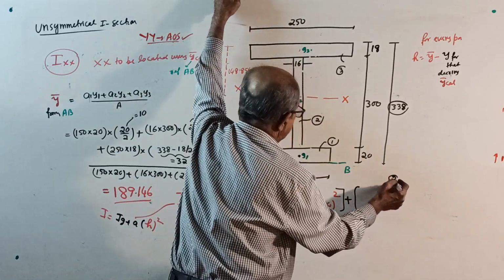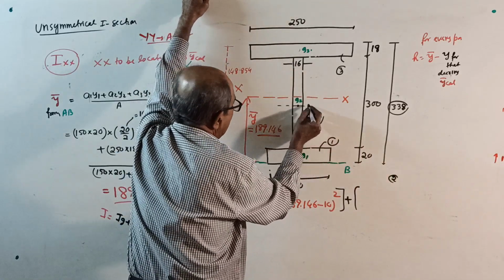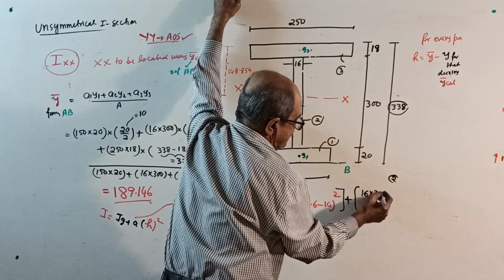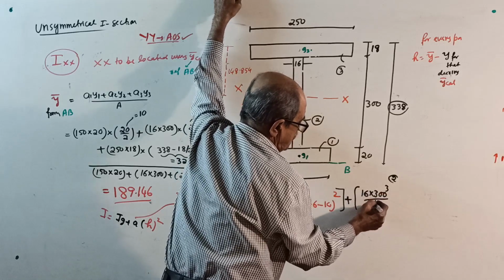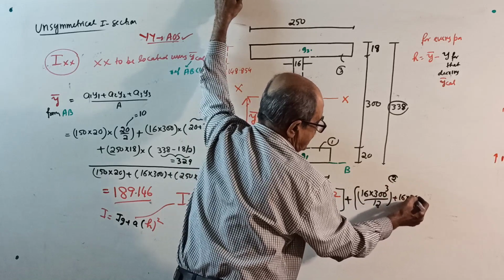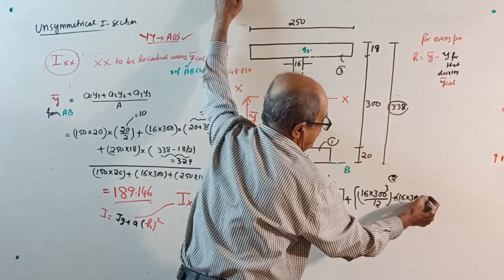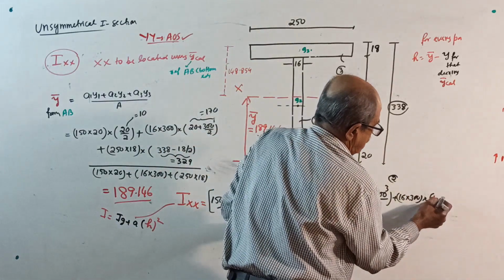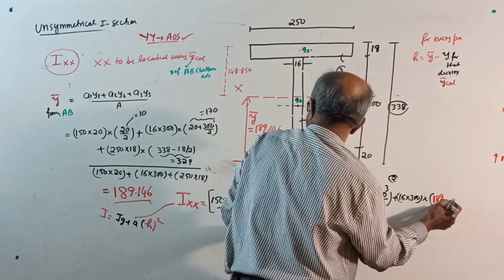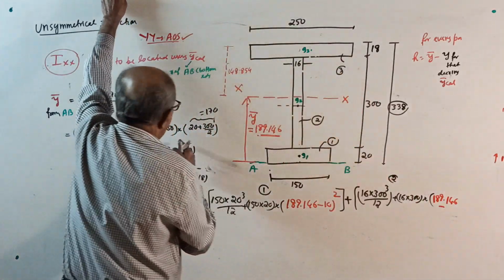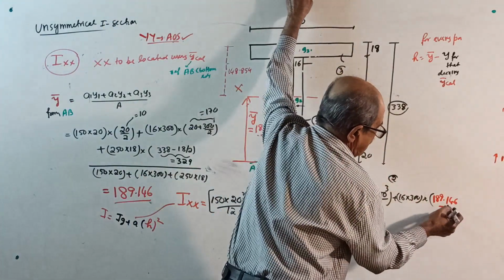Figure number 2. See, first Ig directly: 16 into 300 cube by 12, plus area 16 into 300, into, without bothering, y bar 189.146 minus y2. y2 is 170, that's all.